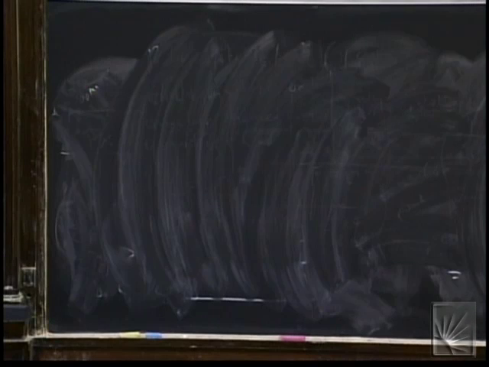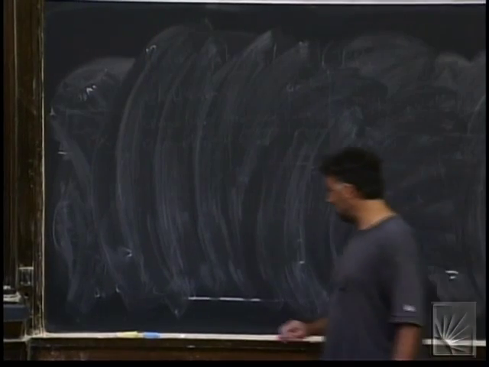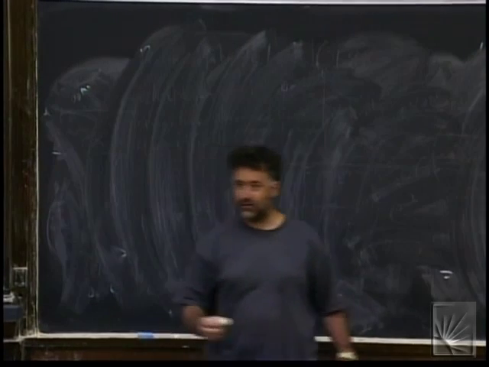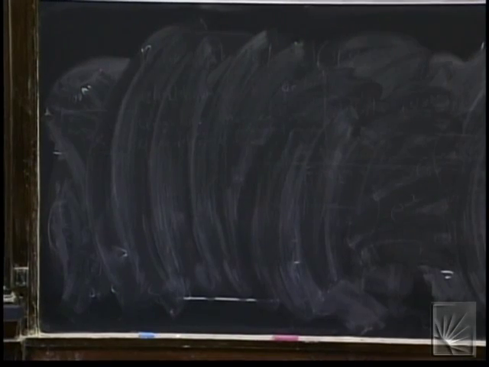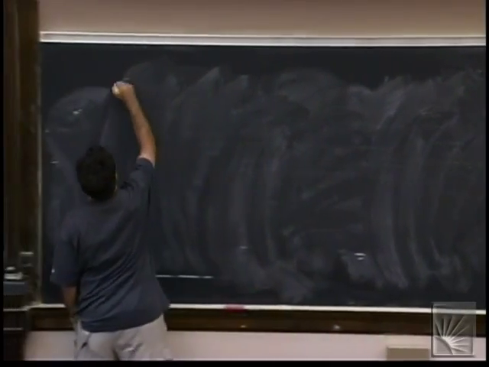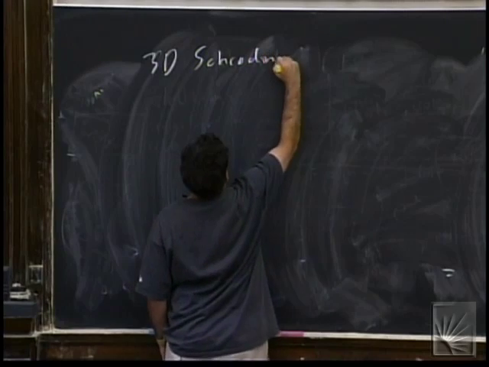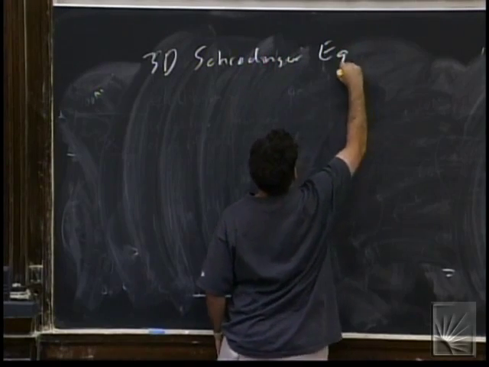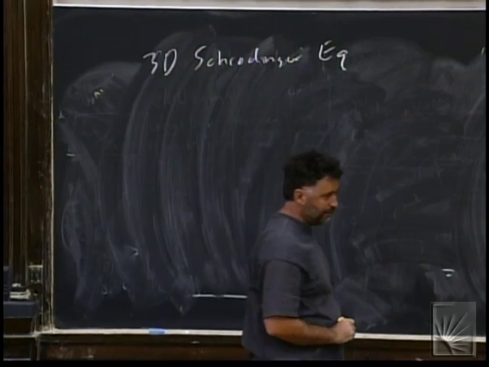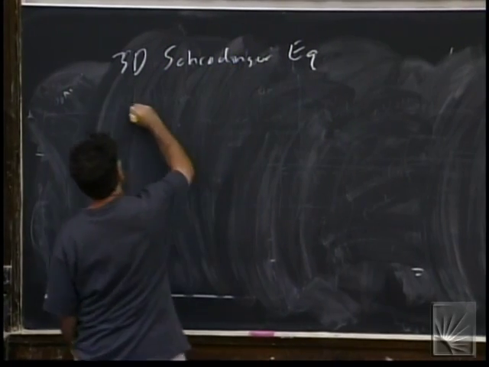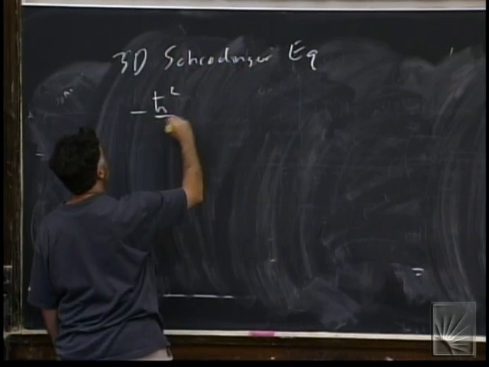After that, we want to get started on the full 3D model, the model that replaced the Bohr model. Okay, the 3D Schrodinger equation. I want to jump right to the time-independent version.